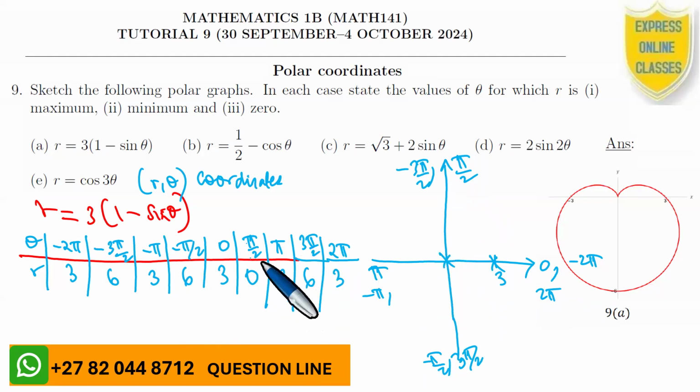So you'd need another one, pi over 4, because now we have 3 and then 0. But at pi over 4, what is the sine of pi over 4? It's 1 over the square root of 2. So you then have that r is 3 times 1 minus the square root of 2 over 2. Check it out.